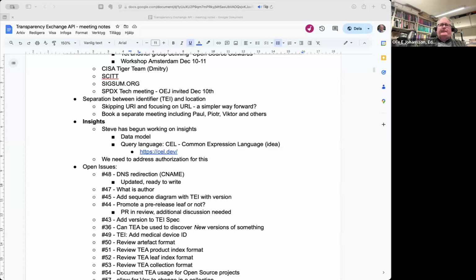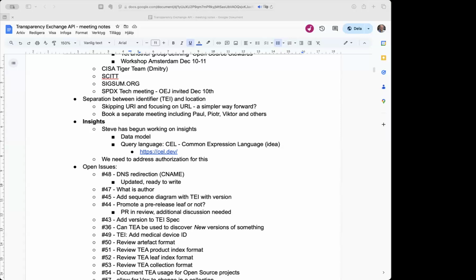Your hand is up. Yeah, I'm thinking about this CEL. Basically, I'm building a platform around Dependency Track. So I need a simple way to query my metadata. And unfortunately, I discovered CEL after I was done with my implementation.